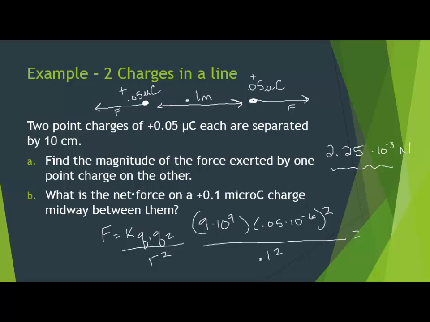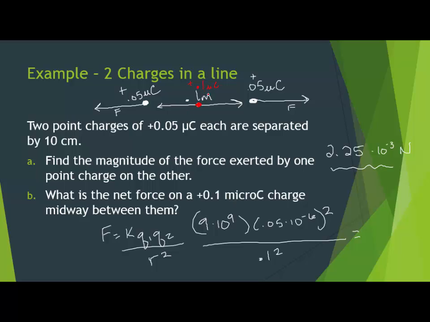Okay, so part B says, what is the net force on a +0.1 microcoulomb charge midway between them? Now exactly halfway between these two, 0.05, 0.05, we have a 0.1 microcoulomb charge. All of these charges are positive, so let's draw the force vectors here.